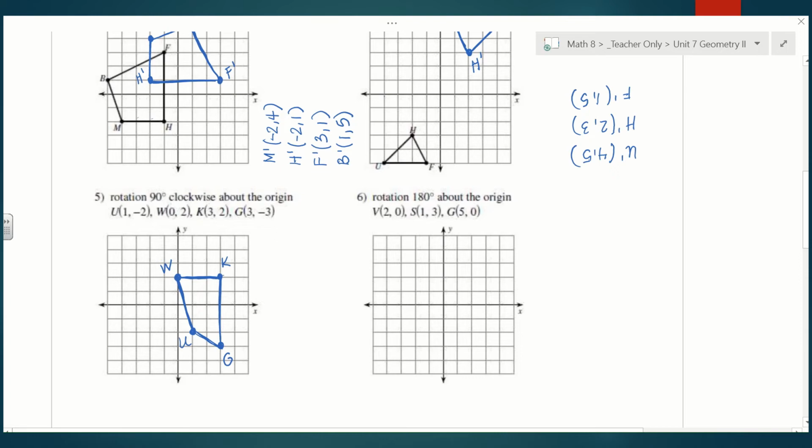Okay, so there's your original quadrilateral. Okay, so we're going 90 degrees clockwise. So we are turning our paper one turn to the right. We're going to write down our new coordinates. I'm going to do this without talking so that we can compare when you're done writing these down, if you can get it.